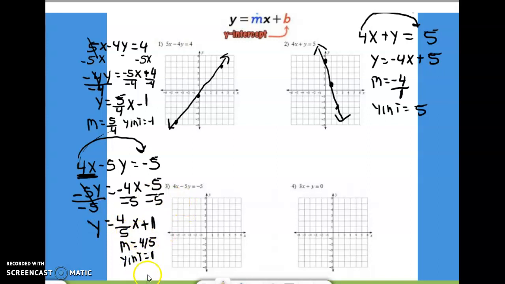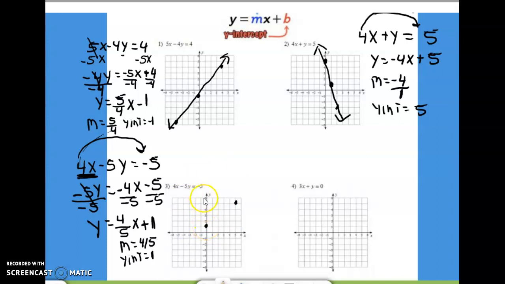So we're going to start at positive 1. We're going to go up 4. 1, 2, 3, 4. 1, 2, 3, 4, 5. To the right 5. We ran out of real estate, so let's go back to the beginning and go the opposite.